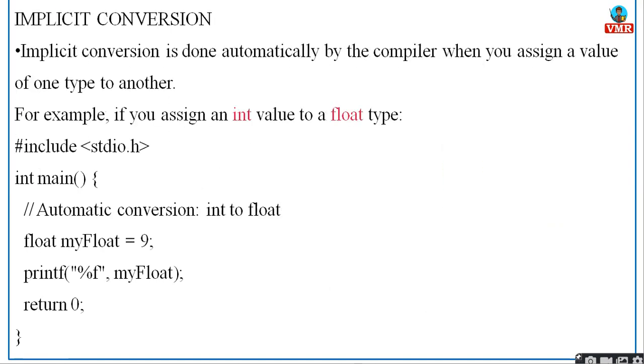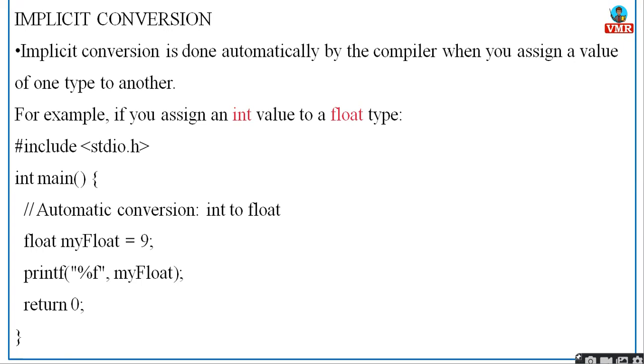So what is implicit conversion? Implicit conversion is done automatically by the compiler when you assign a value of one type to another. Generally, implicit conversion goes from lower level to higher level. If I give an integer and want to convert it into float, the compiler will automatically convert it into a floating type value.